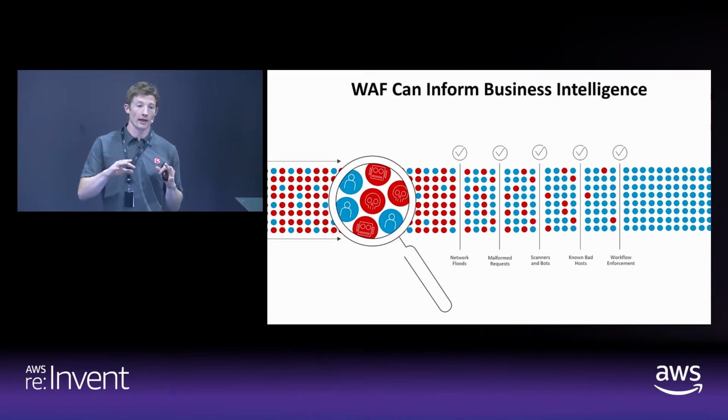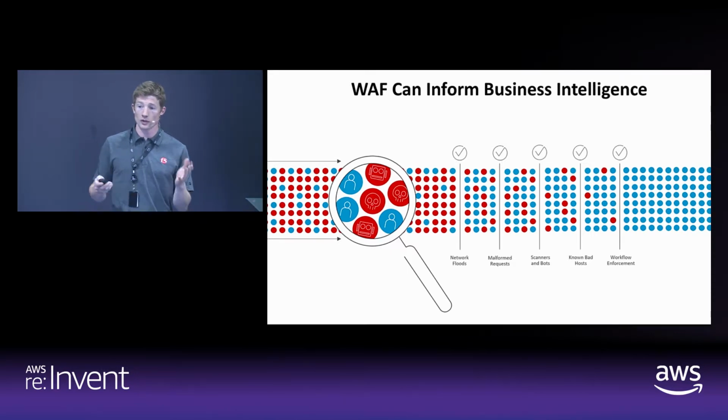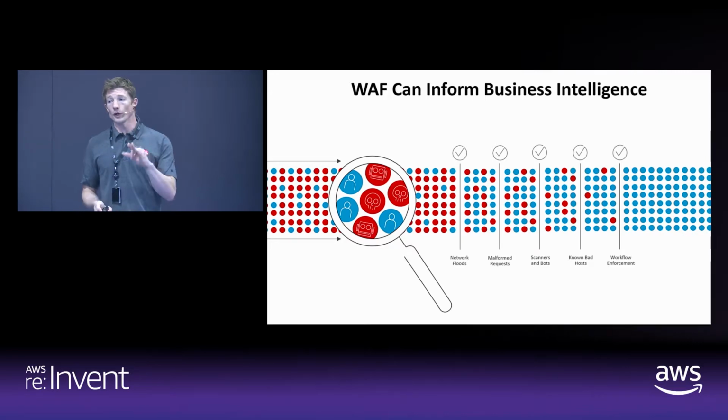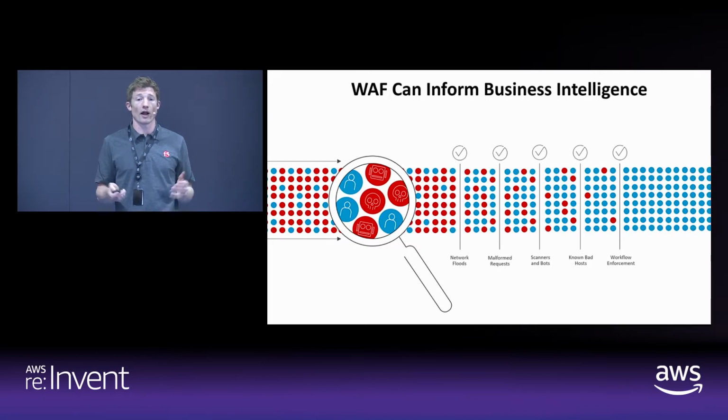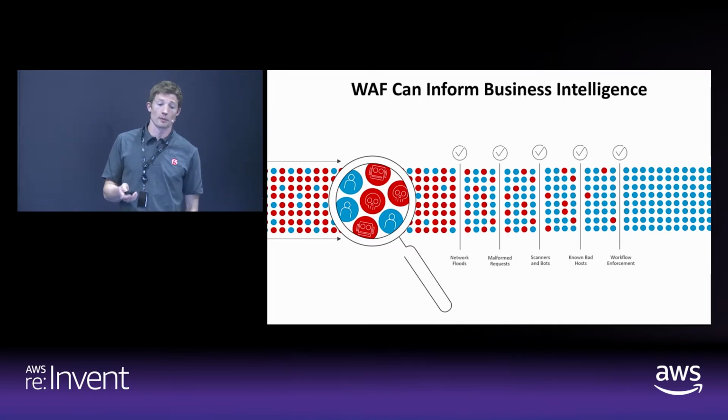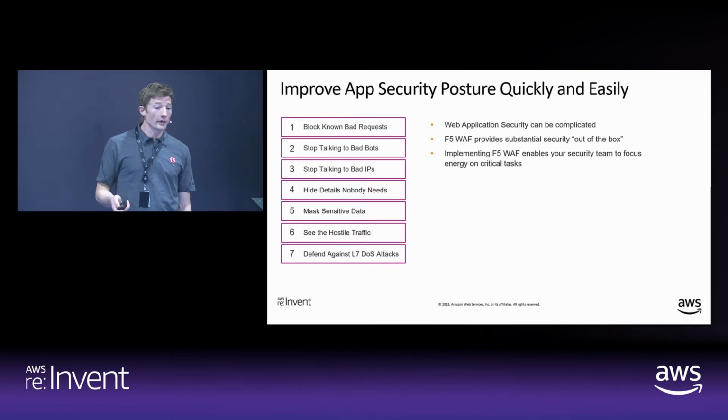We need to refine it and get it to a state where it's actually usable, so you're not serving bots and scanners and all of this ephemeral stuff that you don't want. Again, real business value. Your business intelligence folks, your marketing folks, they're going to find genuine value in that refinement of your data.